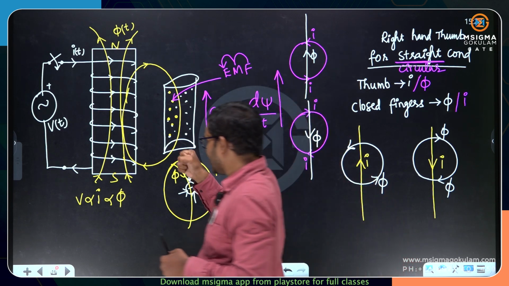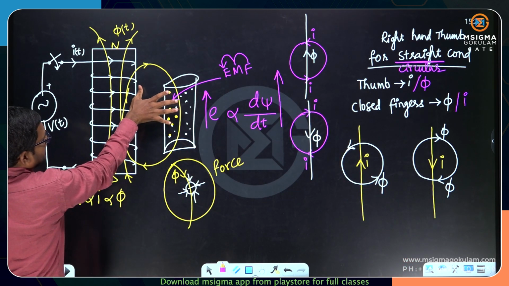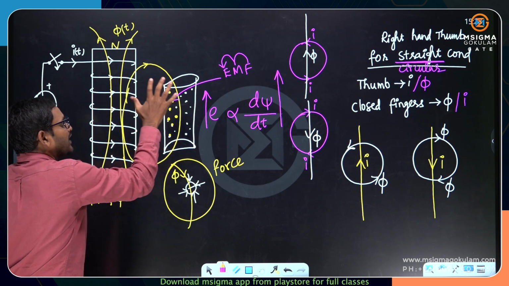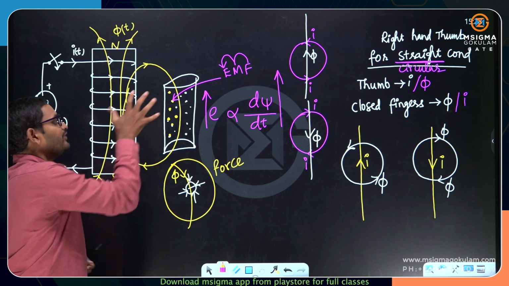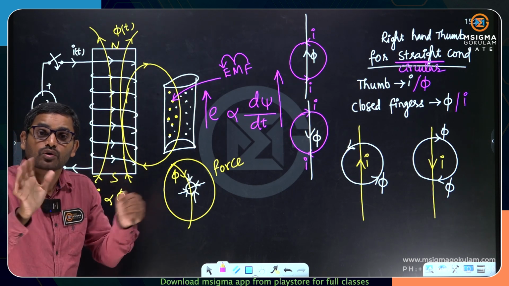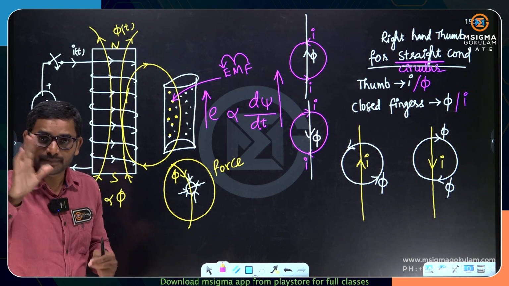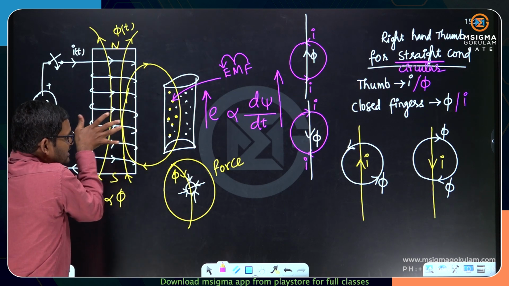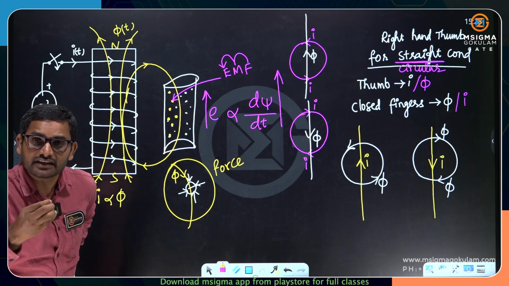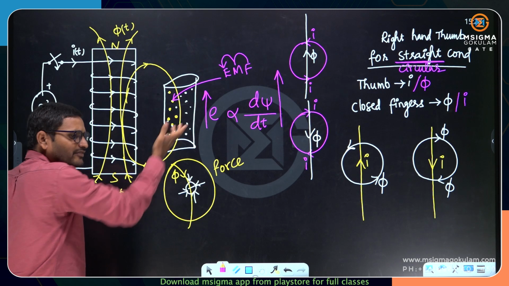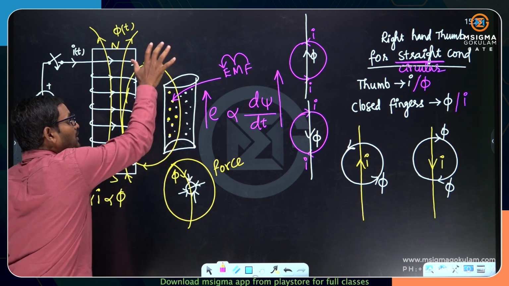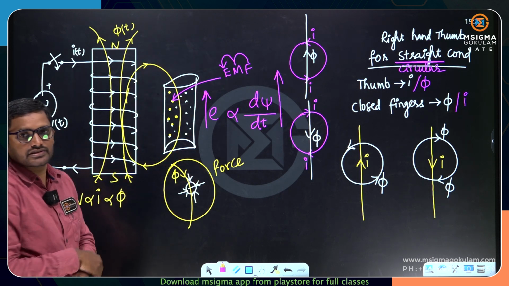If I have just 5 flux line linkages, those 5 flux lines might have an impact on 5,000 electrons, maybe 5 lakh electrons, but not on crores of electrons. These 5 flux line linkages can create a force on maybe 5,000 or 5 lakh electrons, but not on all the electrons.